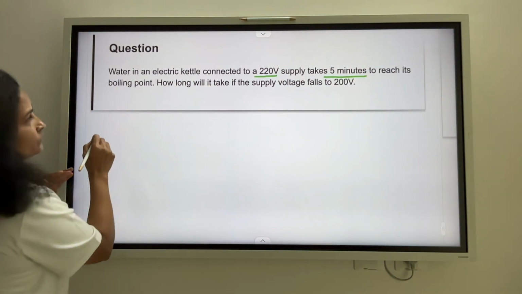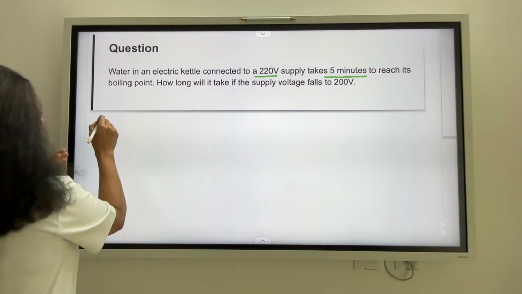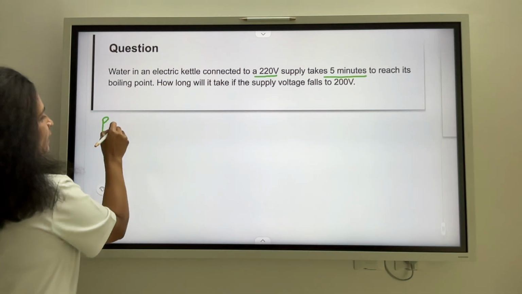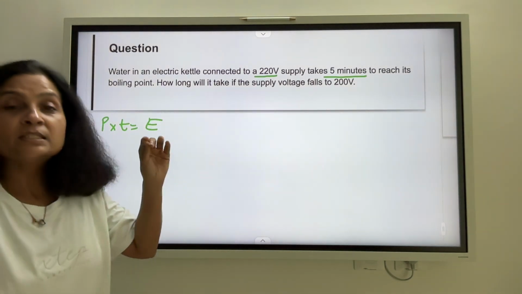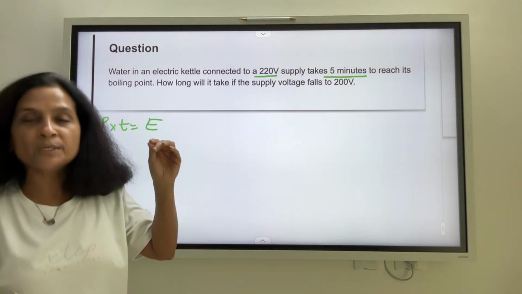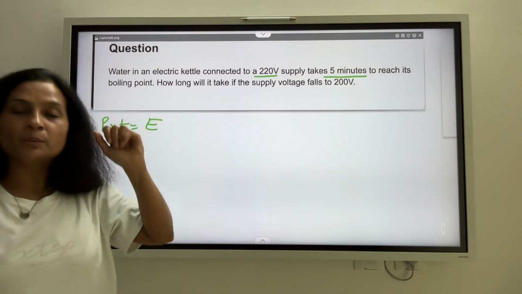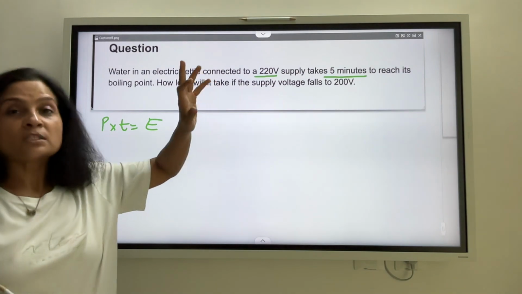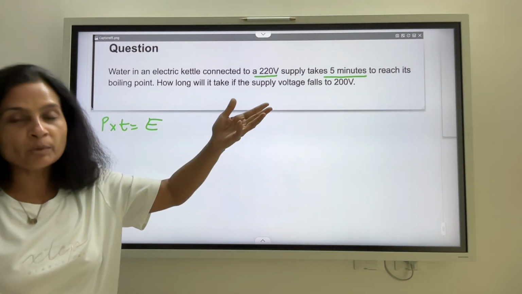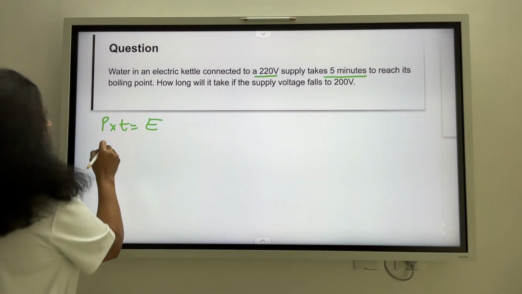So my kettle which has the constant resistance in the two parts, so my power into time is what is going to be considered as the energy which is being used up by the kettle to cause the water to reach its boiling point. So ये energy is constant in both the cases as well, because दोनों बारी हमें water को boil करना है.